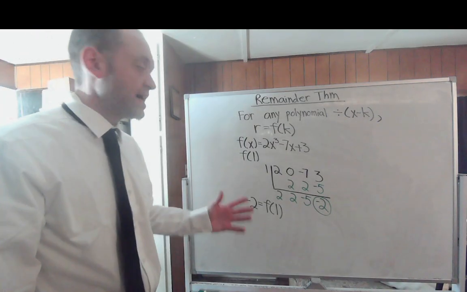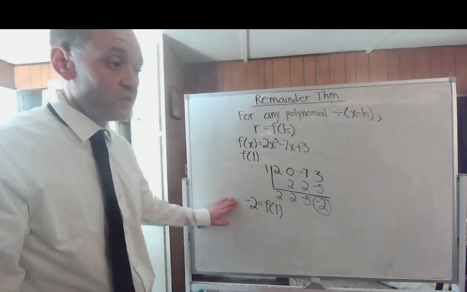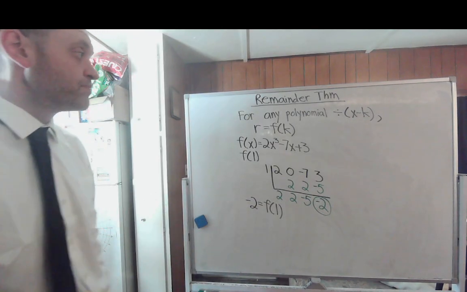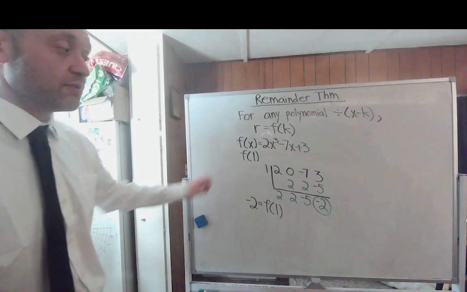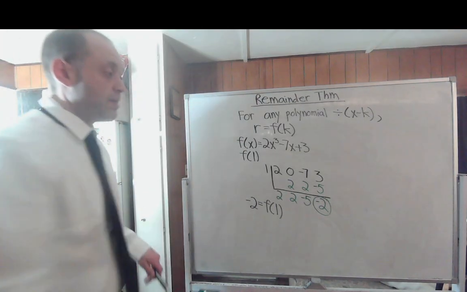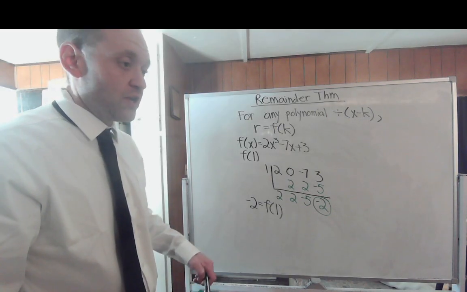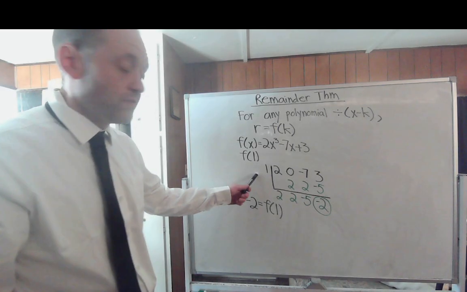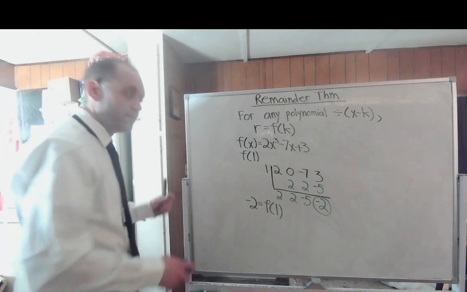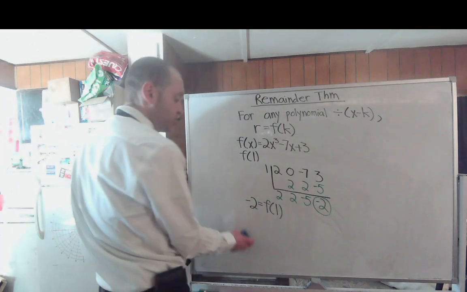It does the exact same thing as direct substitution, only sometimes it's actually easier. That's all this remainder theorem is stating: whatever my remainder is, for whatever factor I use, that's the same thing as taking f of 1 in this case, or in general f of k. That's the value that you would get.